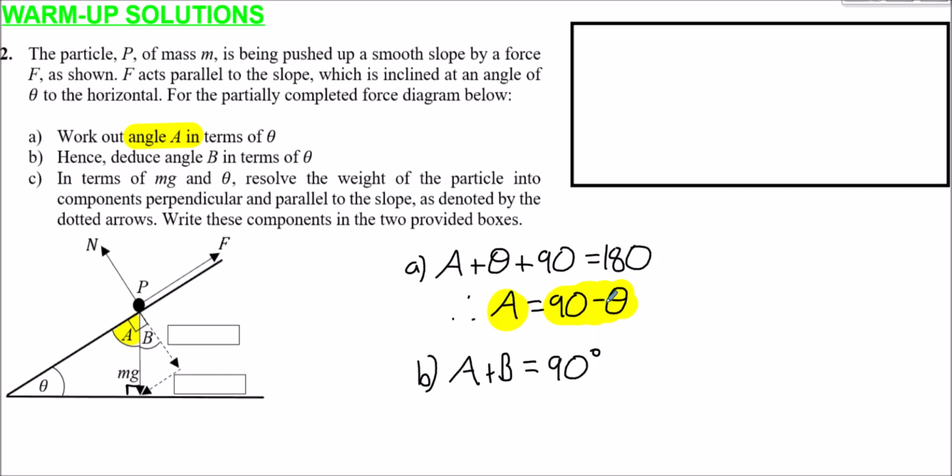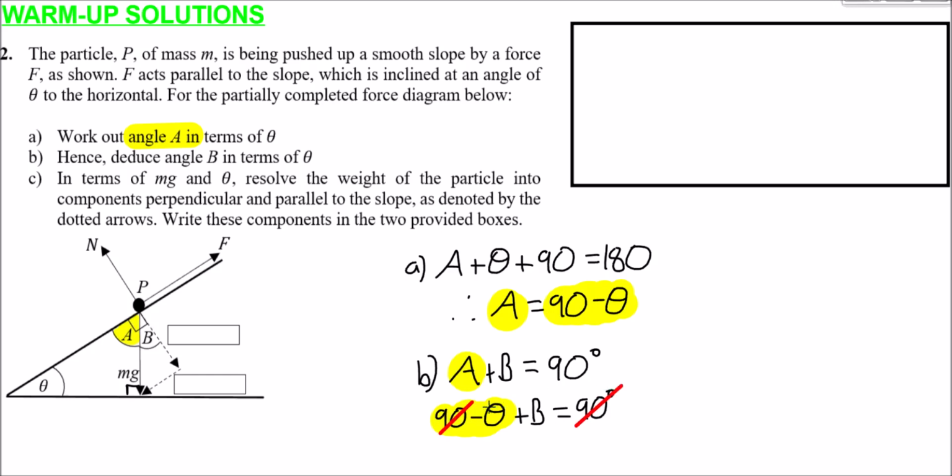But we know that A is 90 minus theta. So 90 minus theta plus B equals 90 degrees. We can then just subtract the 90 from both sides.